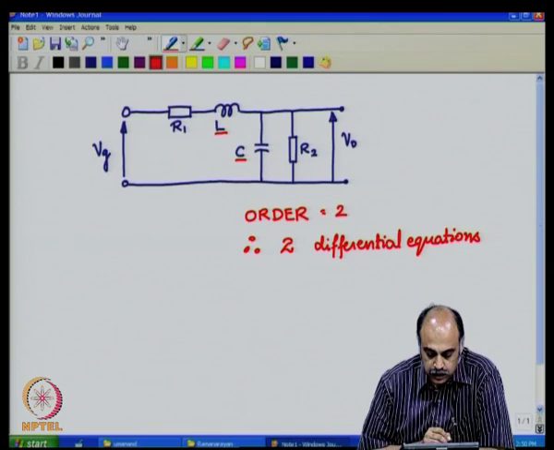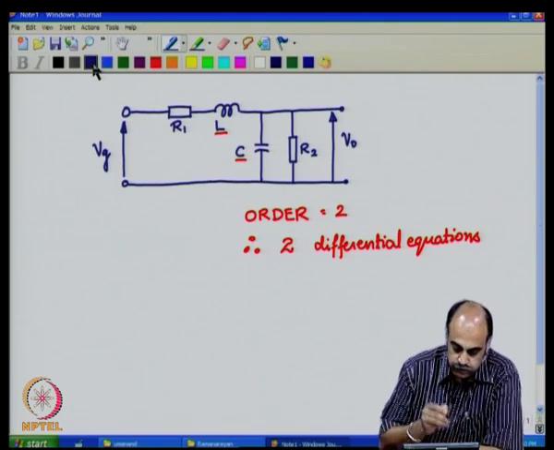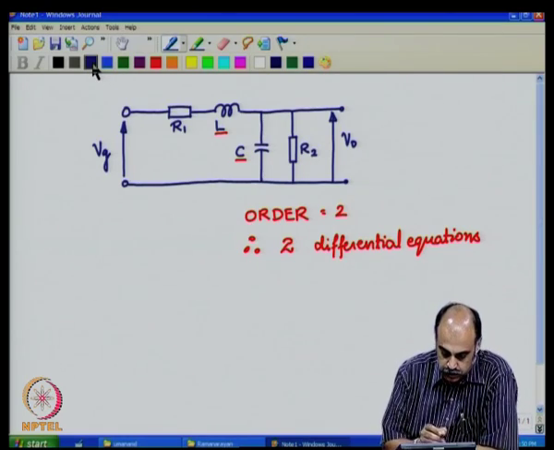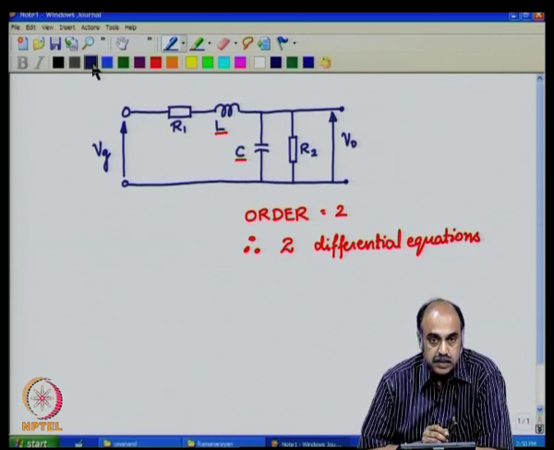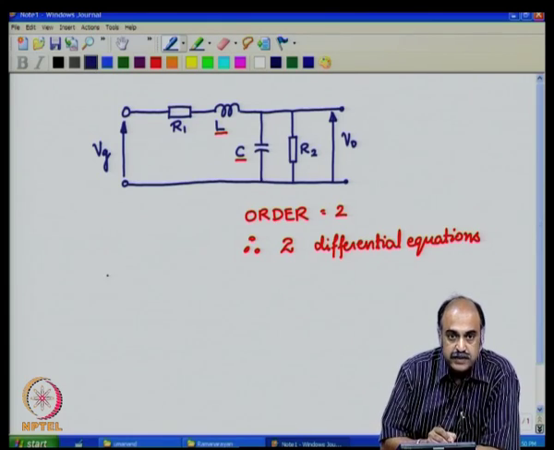So, if we have such a case like this, order 2, we need to choose now the variables. I will not now list step 1, step 2, step 3.